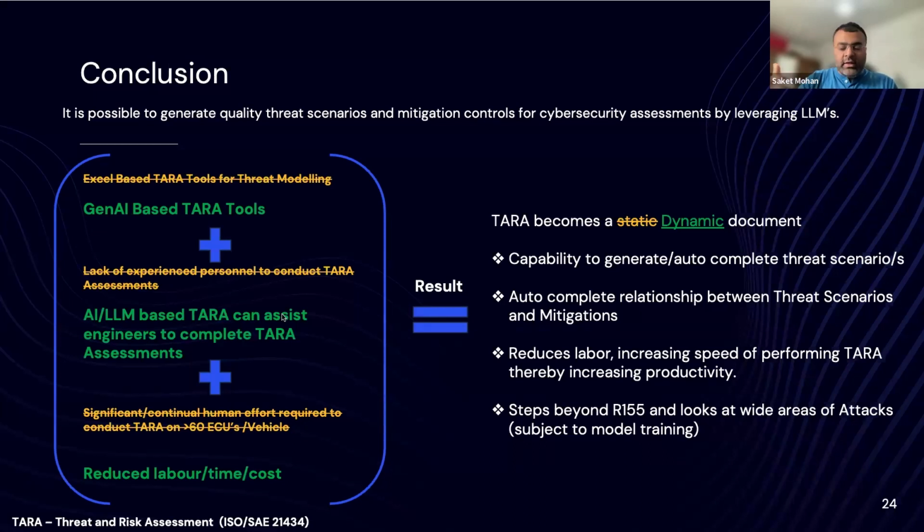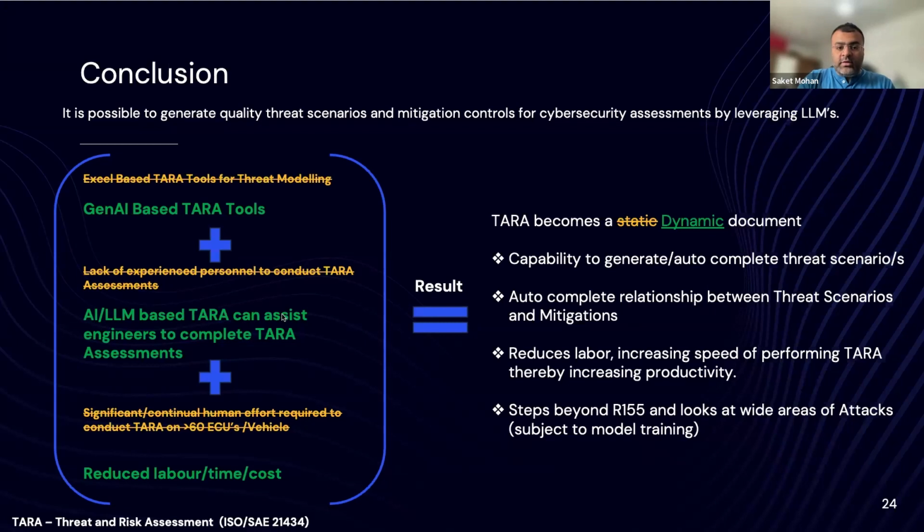And of course, using these mechanisms, you can reduce your overall time and cost when it comes to performing risk assessments. And therefore, in totality, that moves your TARA document from becoming a static document to a more dynamic document. It has the capability of generating threat scenarios automatically, or based on the model that you have trained.